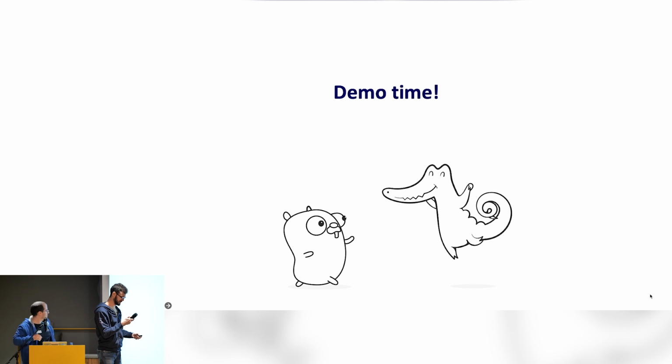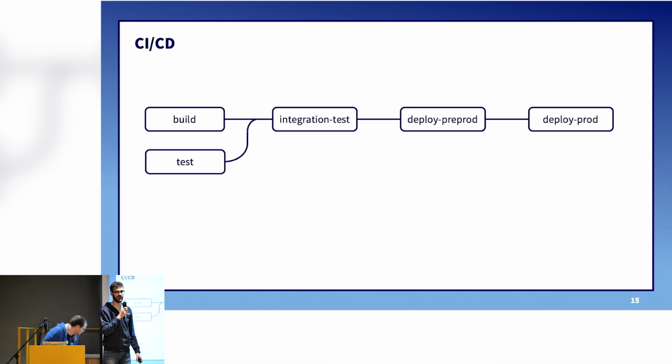Thank you. And so Gabriel just showed you how easy it is to set up a linter in your code, and also just an advice: it's really easy to implement it in your CI/CD pipeline. Let's say you have this typical simple CI/CD pipeline where you want first to build, unit test, then integration test and the following deployments.